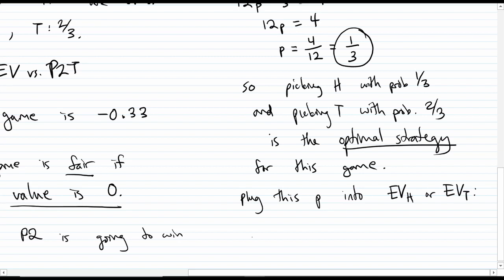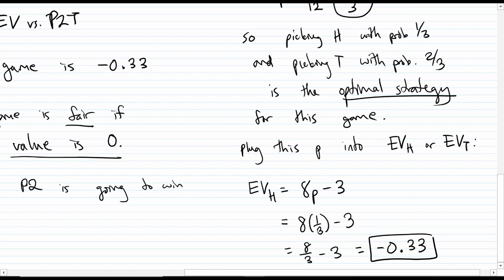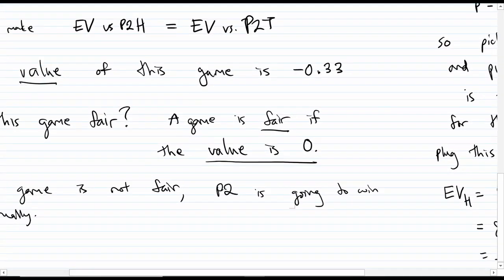Let's see what we get. Well, EV sub h was 8p minus 3. So if I plug in 1/3, I have 8 times 1/3 minus 3. Well, that's 8/3 minus 3. We plug that into our calculators, we'll get negative 0.33. Look at that. That's exactly the value of the game that we solved from before.